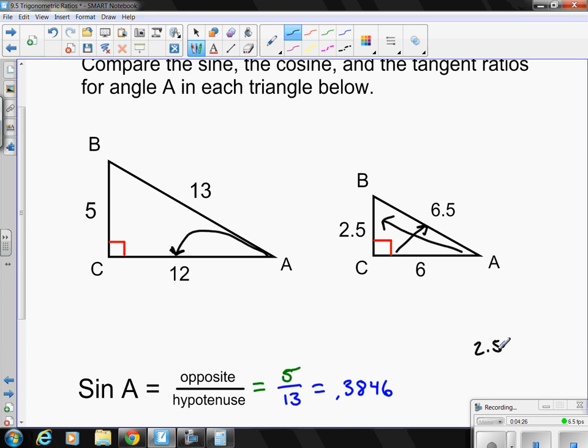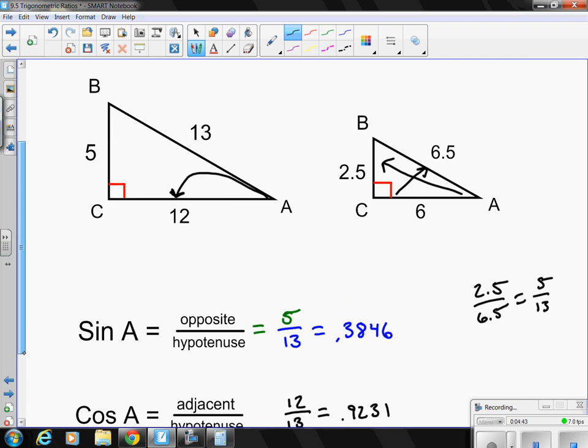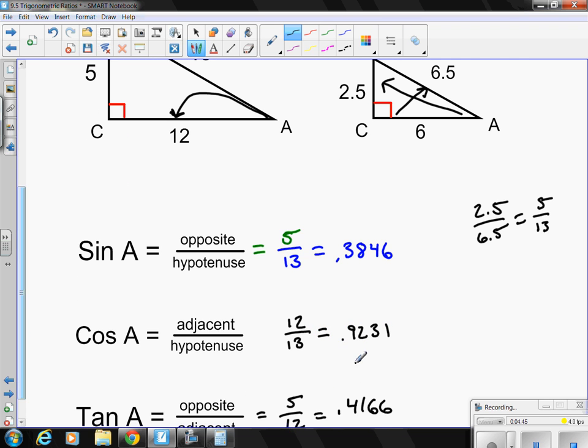So 2.5 over 6.5. With the decimals, I like to double it. So that would be the same thing as 5 over 13. Notice it's going to be the same. So these triangles are actually similar by side, side, side, as we'll see as we start doing more of these.